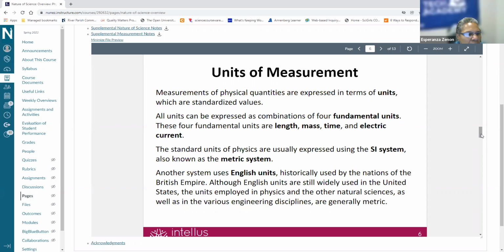We're being specific. And what makes it even more specific is that if we're all using the same system of units to express our measurement. Okay, so this whole business of units is to make our communication and understanding clear.